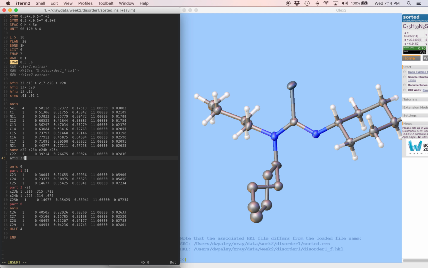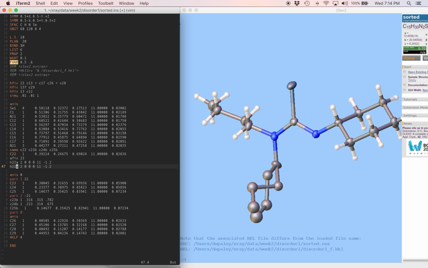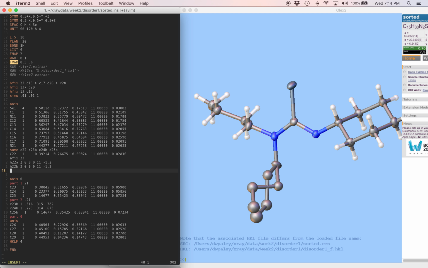There's AFIX 23, H22A. Remember, these coordinates don't matter, but the displacement parameter does matter because we need to tell this hydrogen ADP to ride on the carbon ADP. So the code for that is minus 1.2, and that tells us it's going to be 1.2 times the carbon equivalent isotropic ADP.